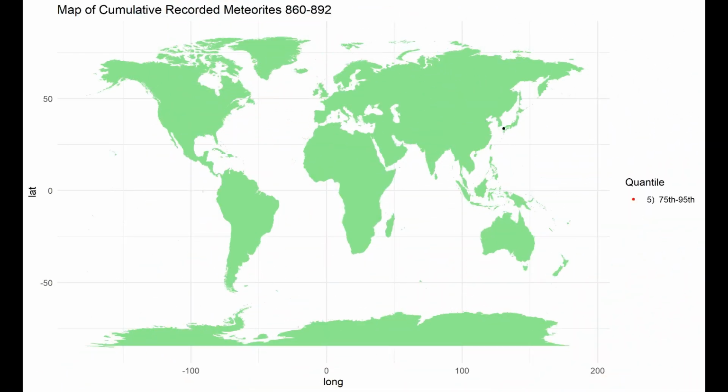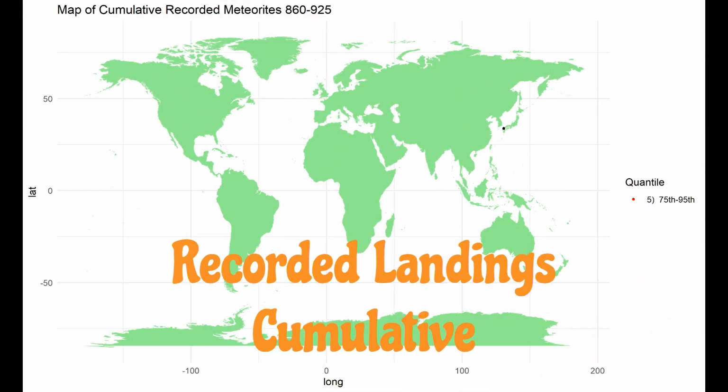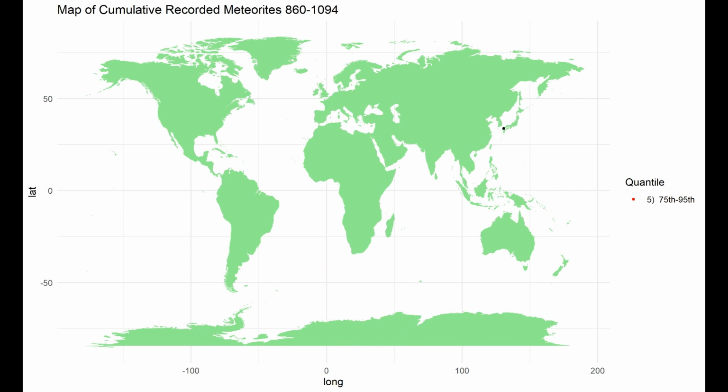Okay, so with the next graphic, what we are looking at is cumulative recorded meteorites that have occurred since 860. So you'll notice at the beginning here that we don't have much action, and we won't until we get into about 1400 when the next recorded meteorite landing occurs. But what is different about this graph than the last graph is it's also broken down by the meteorite size. In the data set, the meteorites also have their mass listed in grams.